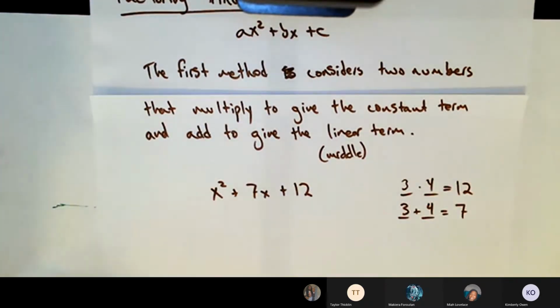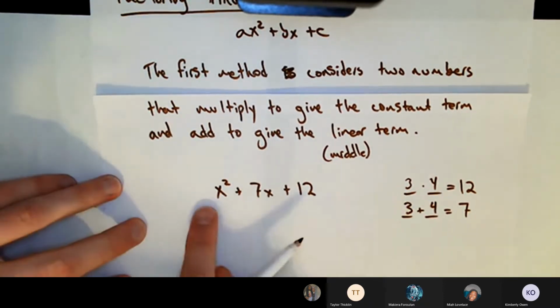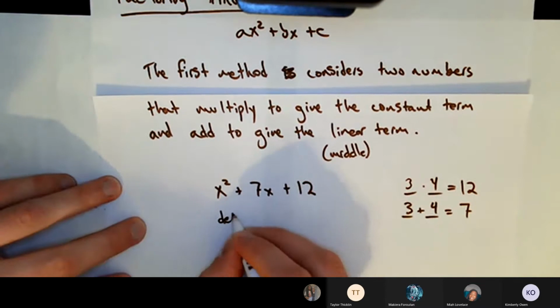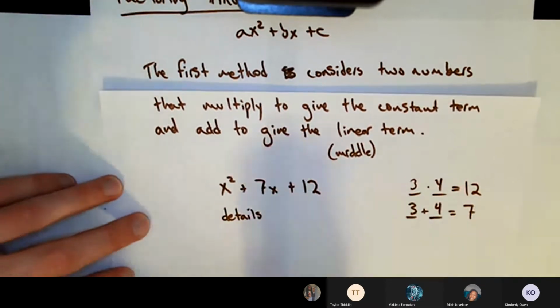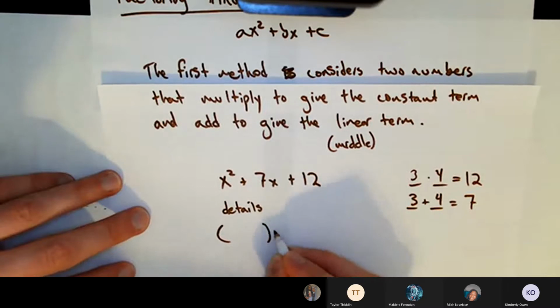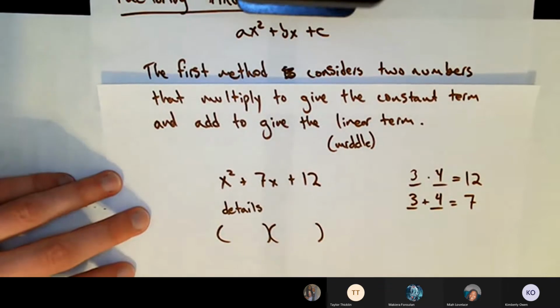All right, so what you may have learned in the past is that there are details happening in between, but we just kind of ignore them, sweep them under the rug. What you may have been told is just set up your parentheses. If it's x squared here, you know both of these need to be x.